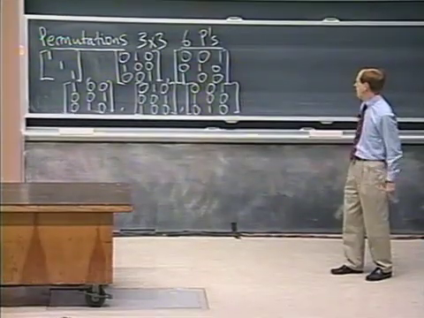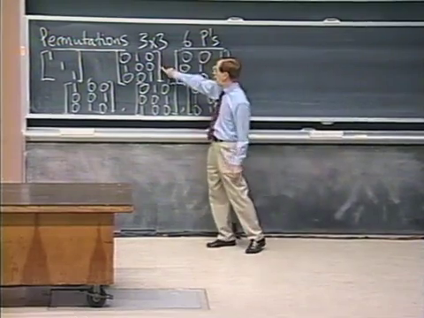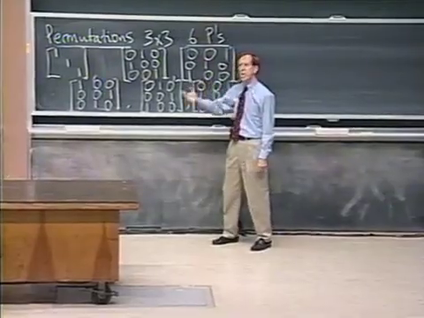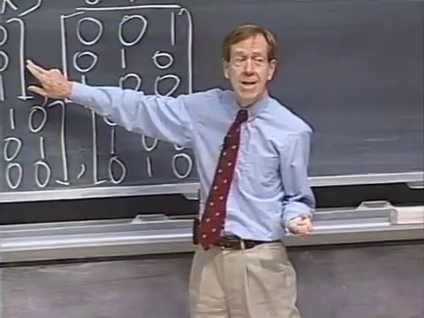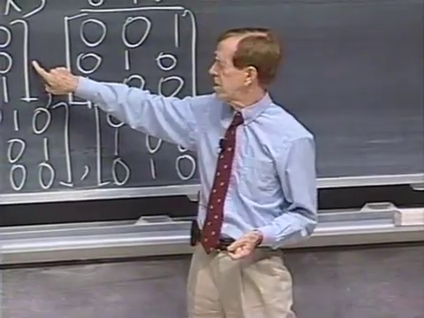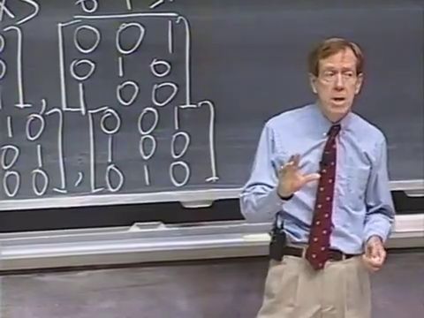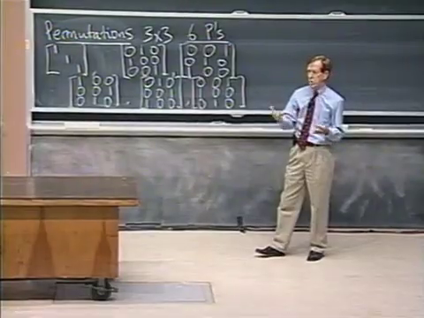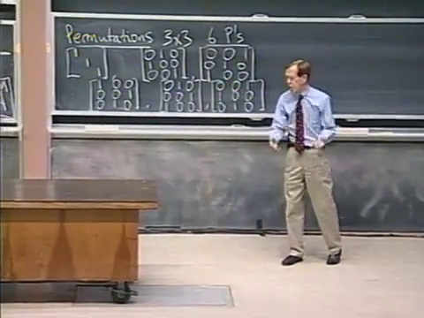And what about the inverses? What's the inverse of this one, for example? If I exchange rows 1 and 2, what's the inverse matrix? Just tell me fast. To get back to where I started, I should do the same thing.